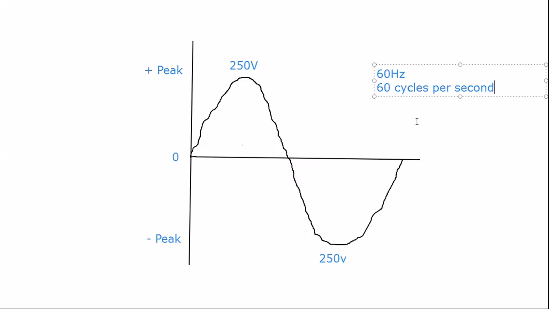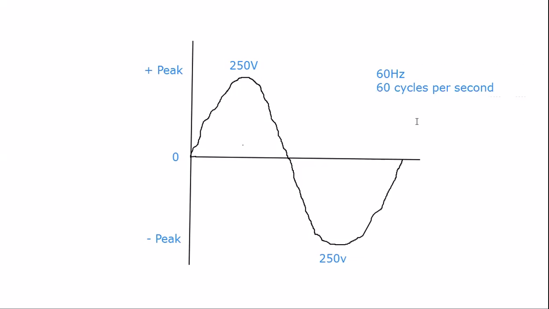Our cycle is 60 hertz, which means 60 cycles per second.